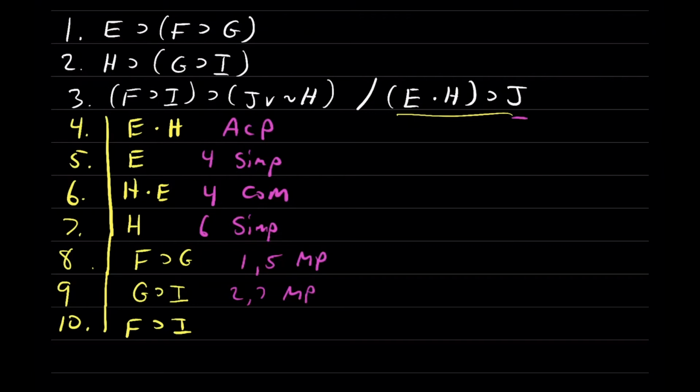Line 11, don't forget to bring down your vertical line. Once we have F implies I, we can get J or not H. That follows from line 3 and line 10 by modus ponens.